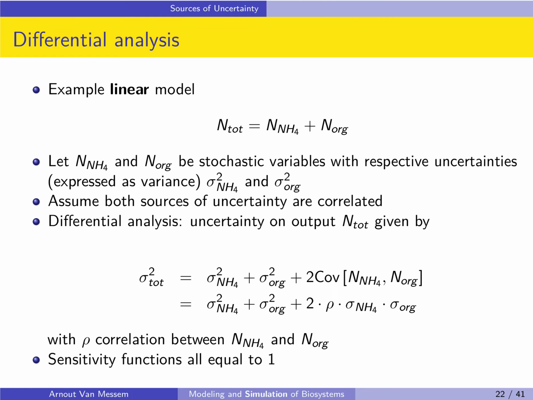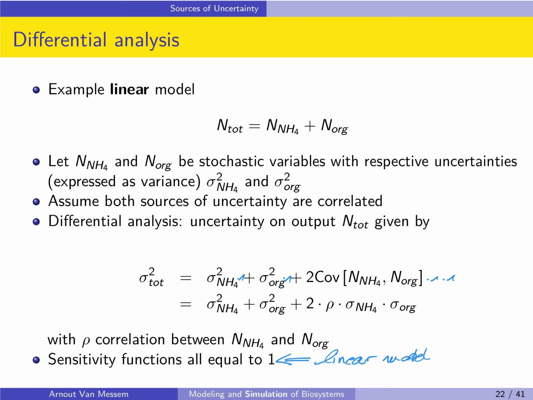If we then apply the formula on the previous slide to find the uncertainty on the output, the total amount of nitrogen, we see that the variance for this total amount of nitrogen is the variance for the NH4 component plus the variance of the organic component plus 2 times the covariance between both terms. To obtain this formula, we have used that we have a linear model, and so each of the sensitivity functions is equal to 1.